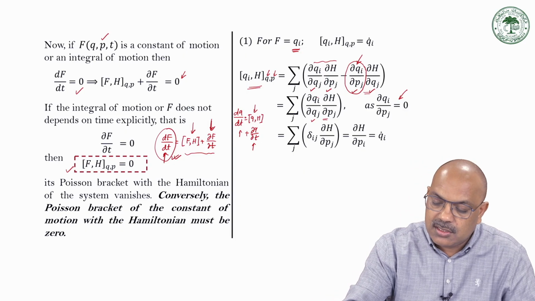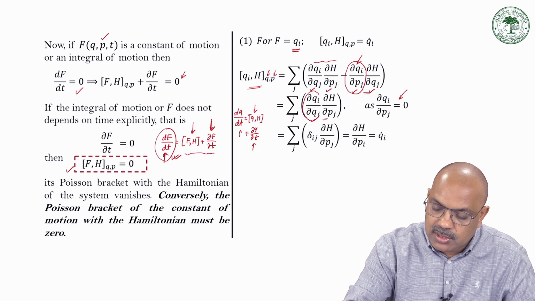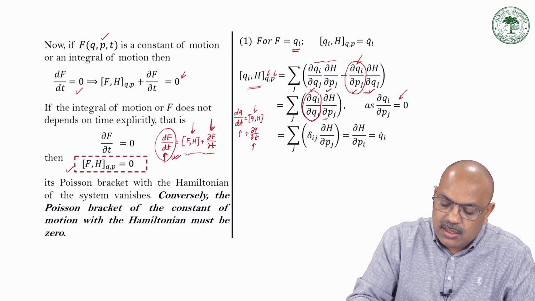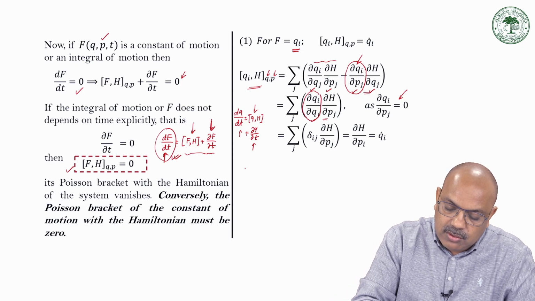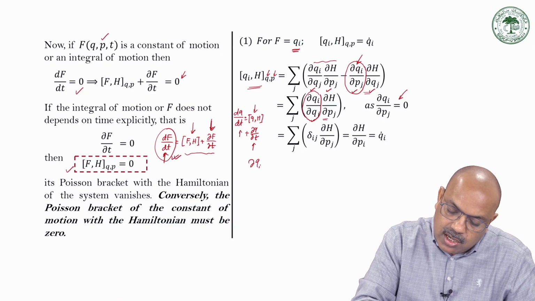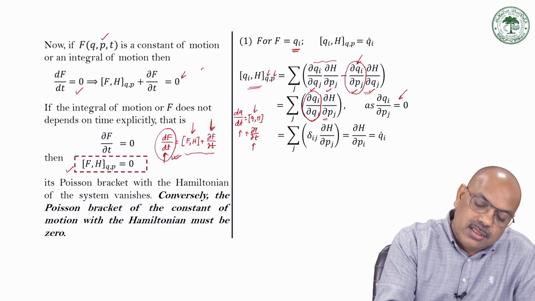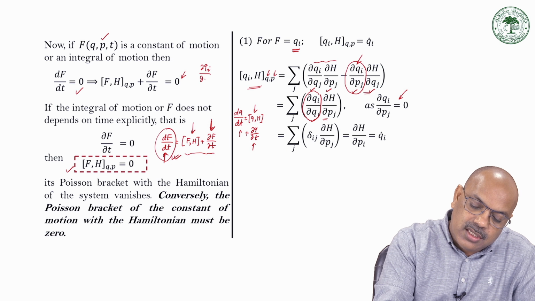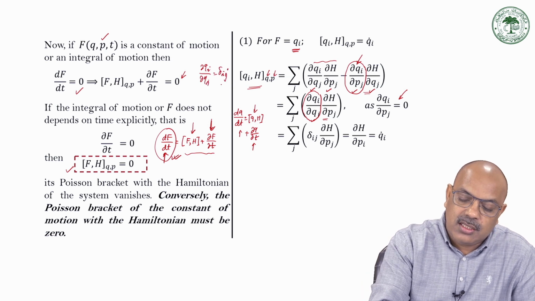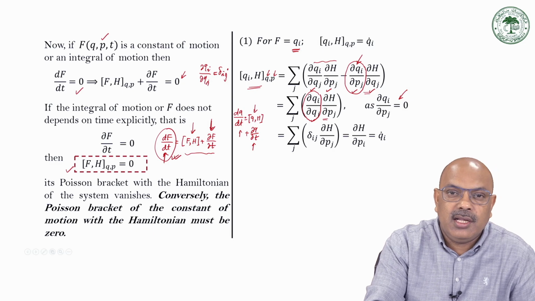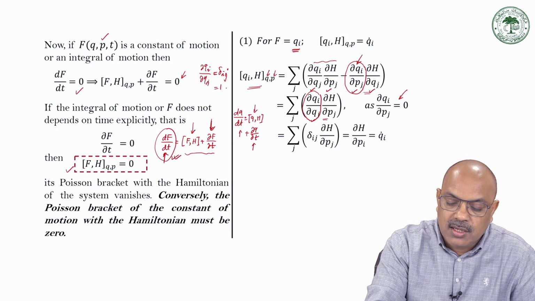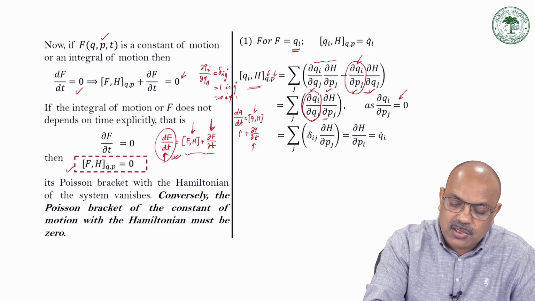Now ∂q_i/∂q_j is nothing but δ_ij, the canonical delta, and you know this is going to be 1 when i equals j, and 0 when i is not equal to j.